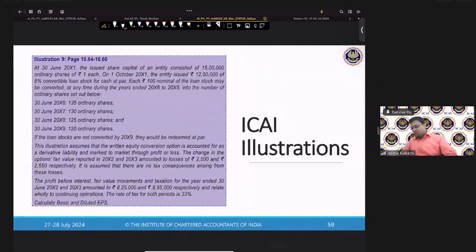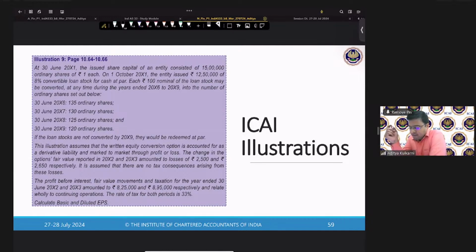Okay, now we come to the next part, that is a little bit of application of financial instruments. Okay, so at 30th June 20x1, the issued capital of an entity consisted of 15 lakh ordinary shares of 1 each. On October 1, the entity issued 12,50,000 of 8% convertible loan stock for cash at par.